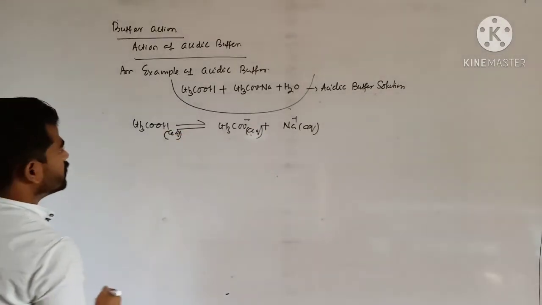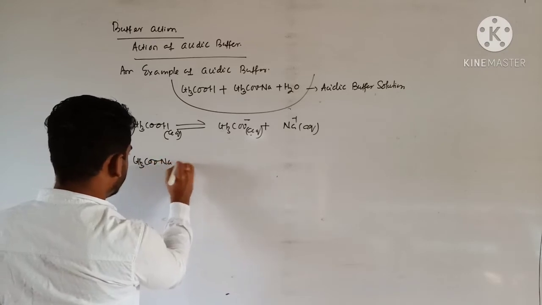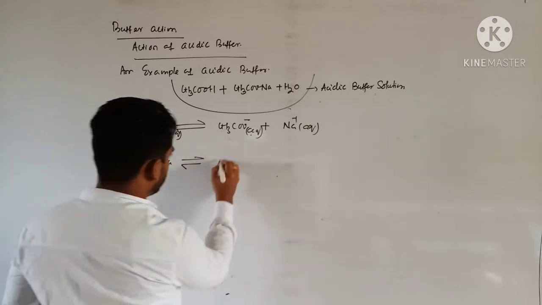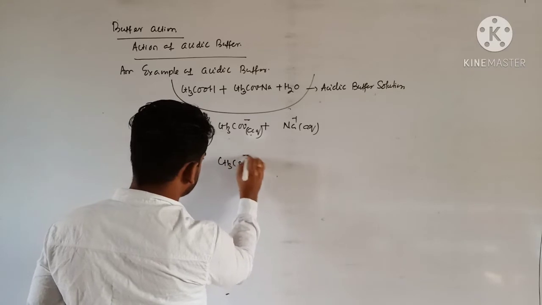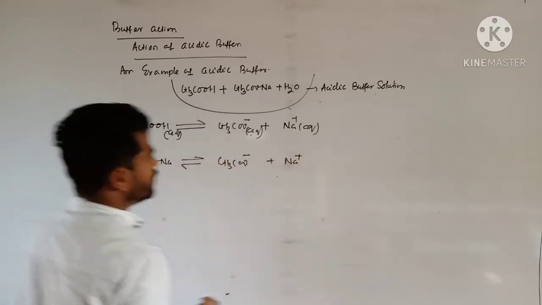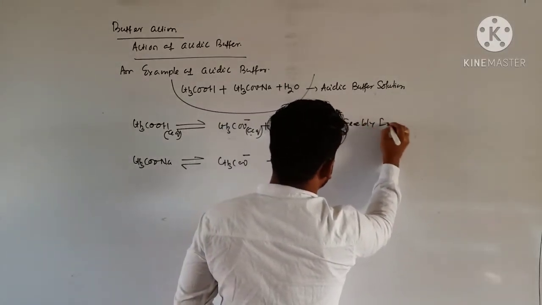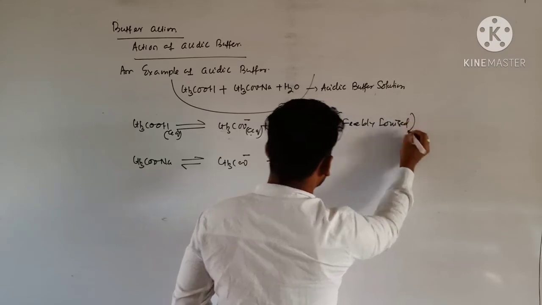First equilibria. Second equilibria, that is CH3COONa, completely dissociated into CH3COO minus plus Na plus. So this one is feebly ionized, very small extent, feebly ionized.